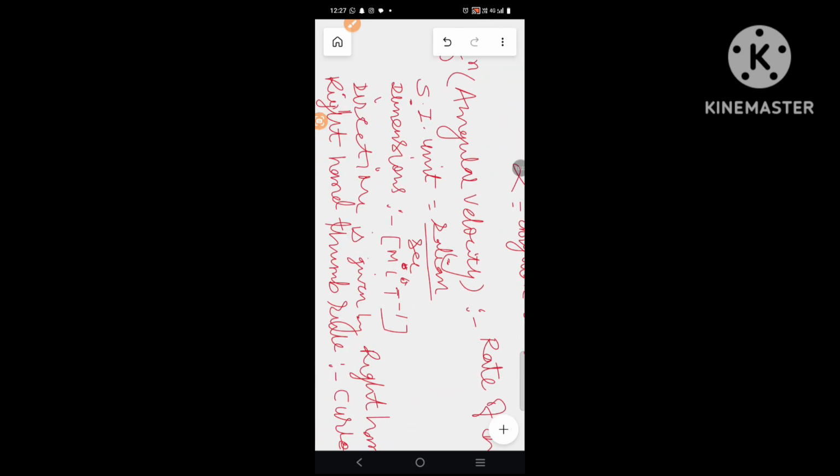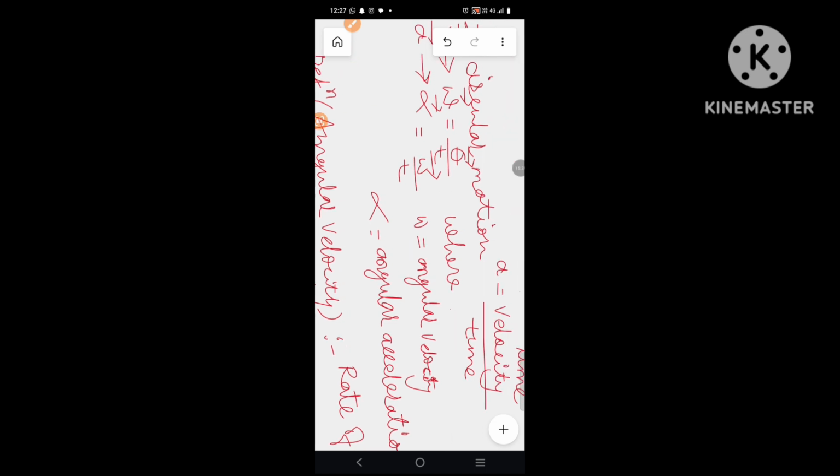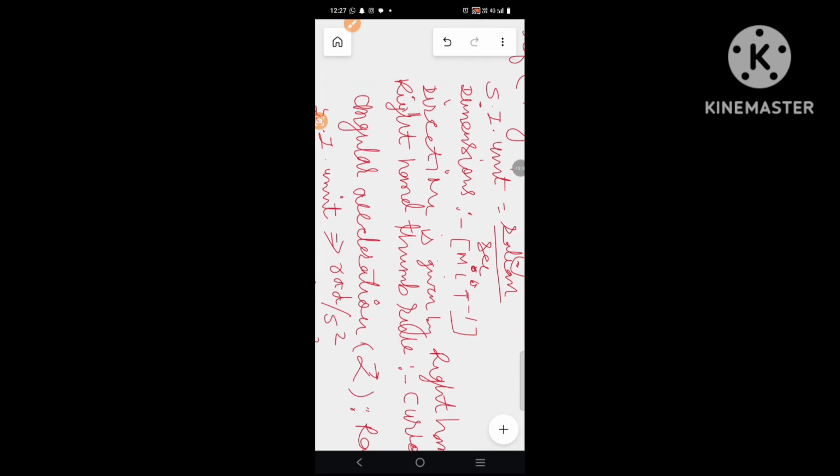Its dimensions are [M^0 L^0 T^-1]. Why? Because here time is in the denominator, so when it goes to the numerator, its power will be -1, so T raised to the power -1.